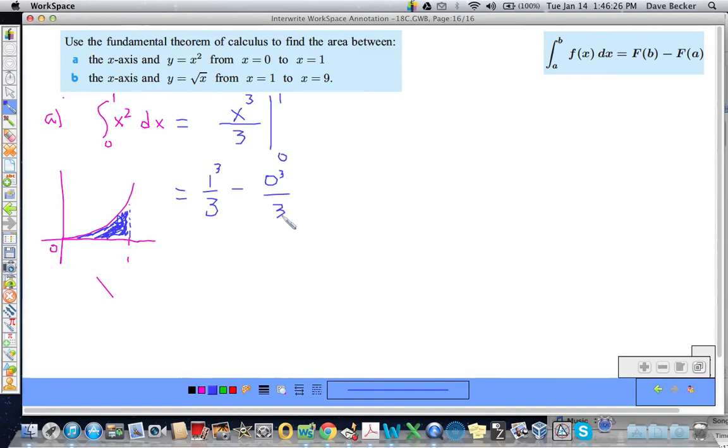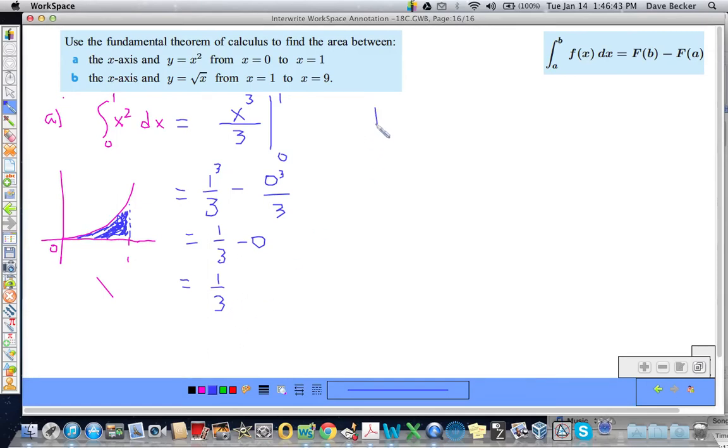And so that would be 1 cubed is 1, so that's 1/3 minus 0, which is indeed equal to 1/3, which we discovered before using Riemann sums and limits. Okay, so that is our answer.